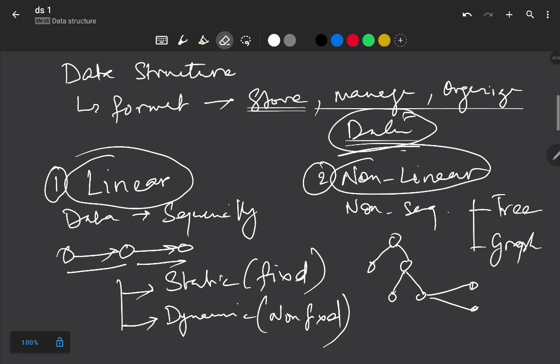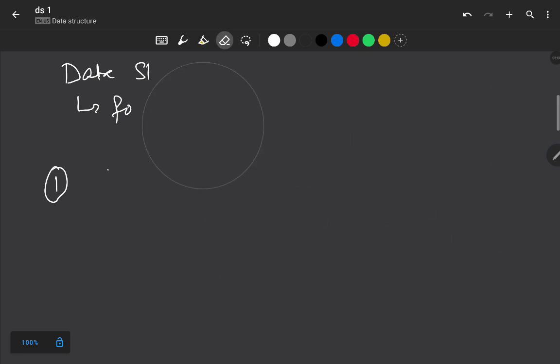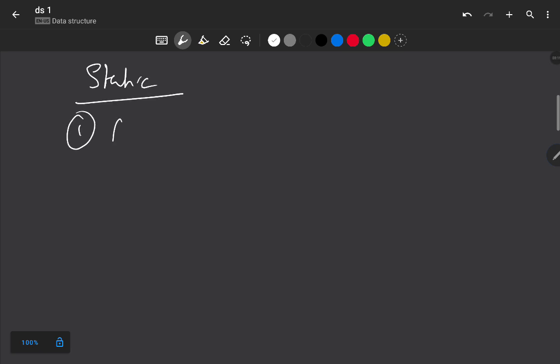Make sense? Okay. Let us get into a little bit of detail around what the static and the dynamic linear data structures are. Under static, it is mostly array. People who have worked in programming would have heard this term a lot. It's array.